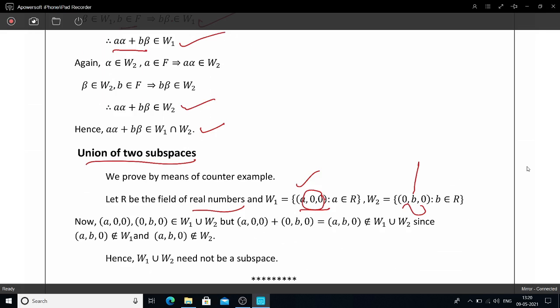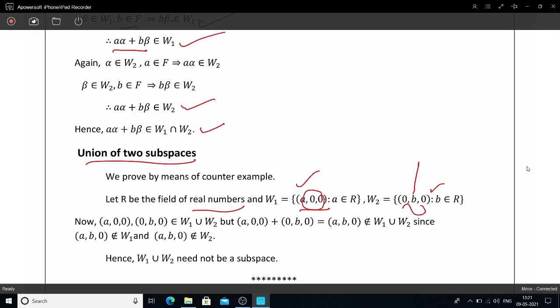In W1, the first element a is non-zero and the remaining two elements are 0. In W2, strictly the second element is non-zero, and the first and last elements are 0.